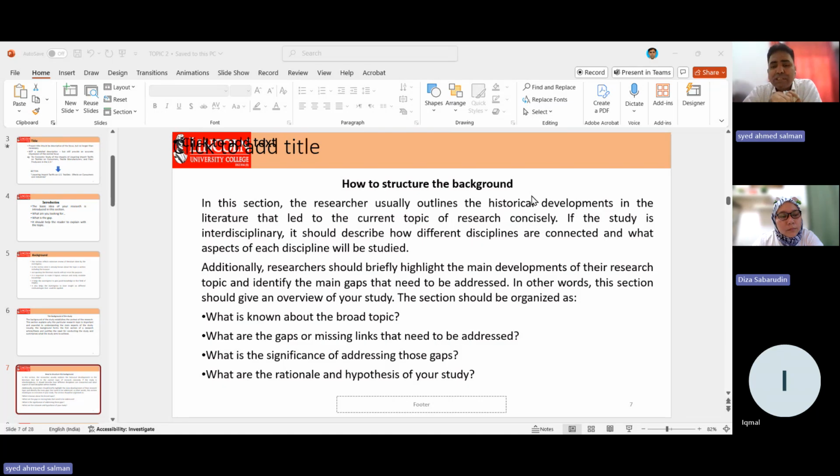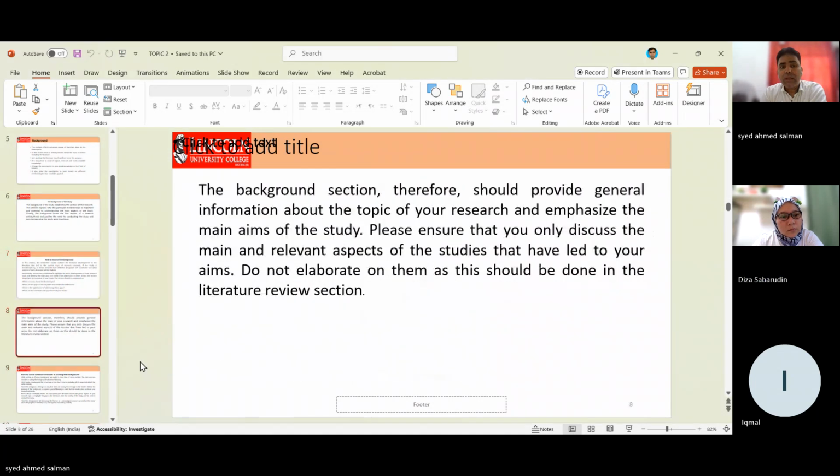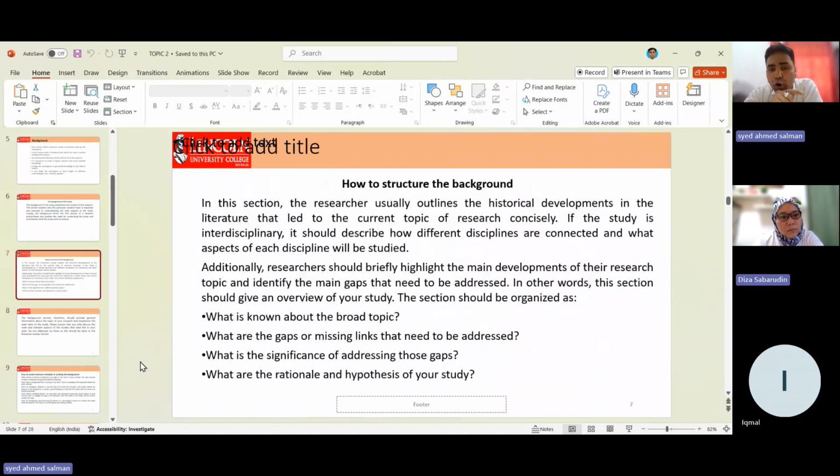So this is the hypothesis you have already decided while writing the background of the study. So these things you have to mention in the background of the study. Yes, tell me anything you want to ask about the structure of the background of the study.